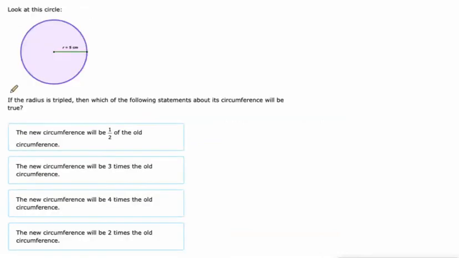Pretty basic to start, but now we're talking about radius being tripled. Well, no, actually, still talking about circumference, and that's a linear measurement. So if you triple the radius, let's think about circumference. Circumference is pi times d, right?